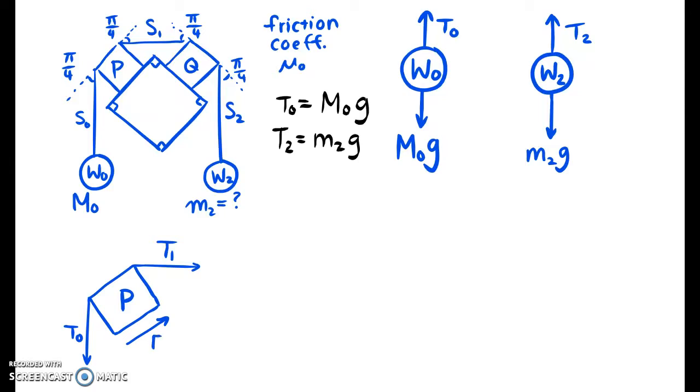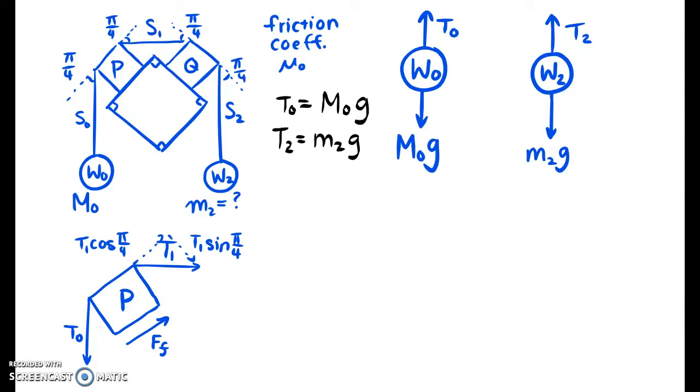So this is our force of friction. And we can decompose T1 into two components again. The one parallel to the slope is T1 times cosine of pi over 4, and the one perpendicular is T1 sine of pi over 4.